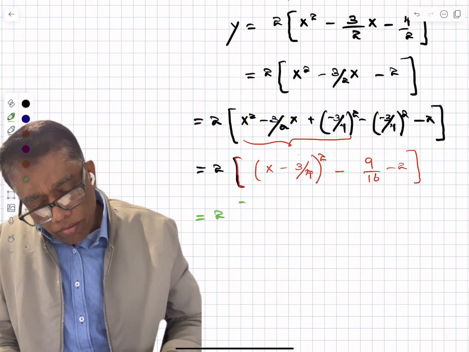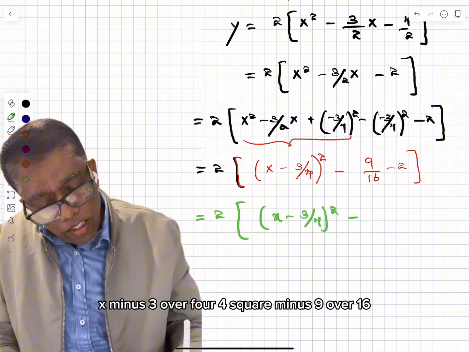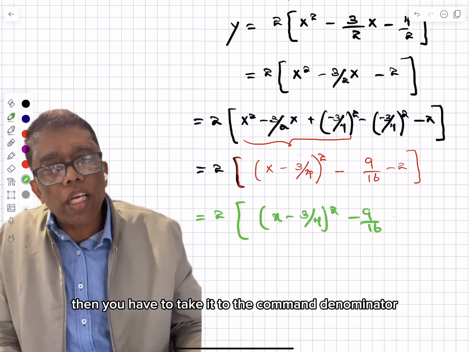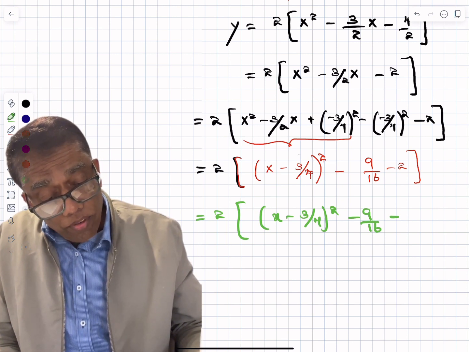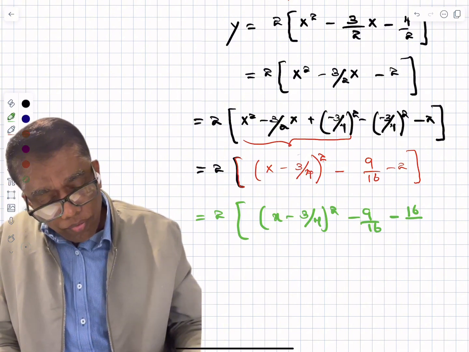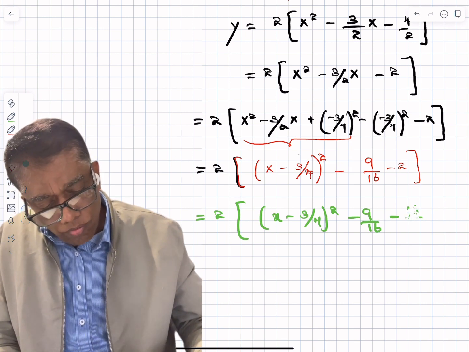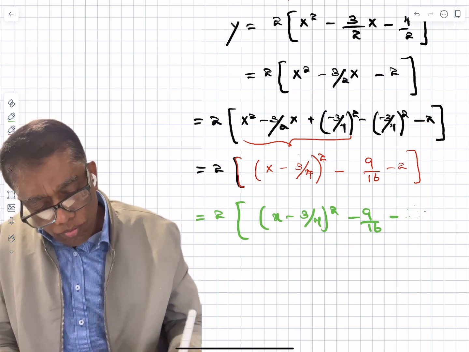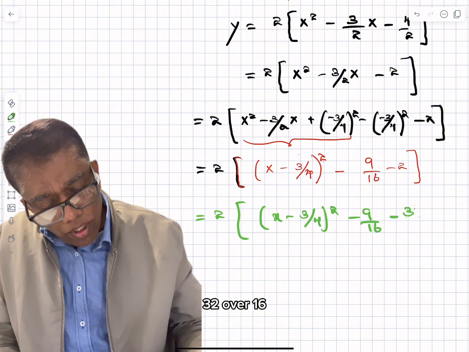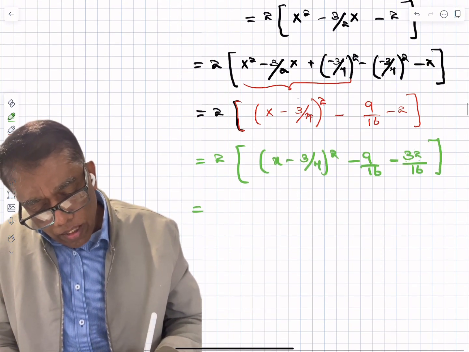Twice, (x minus 3 over 4) whole square minus 9 over 16, then we have to take it to the common denominator, minus 32 over 16.